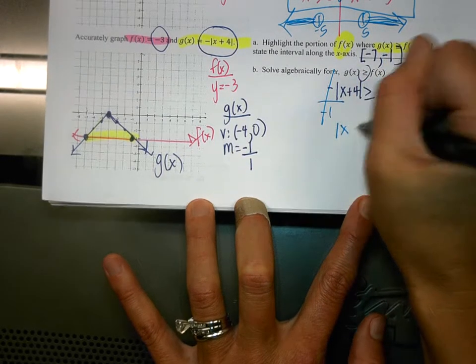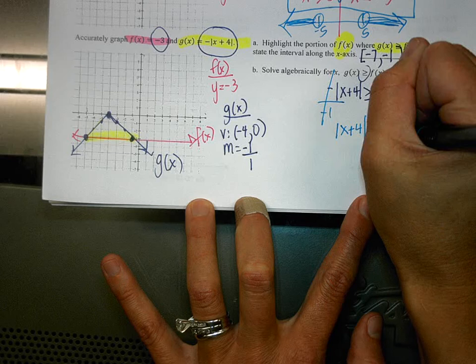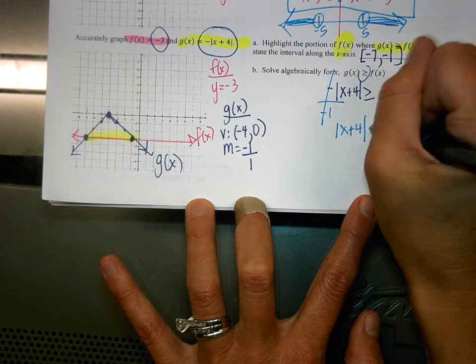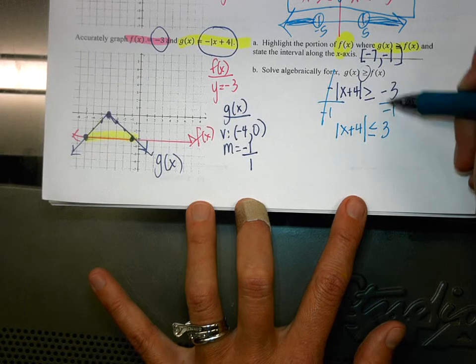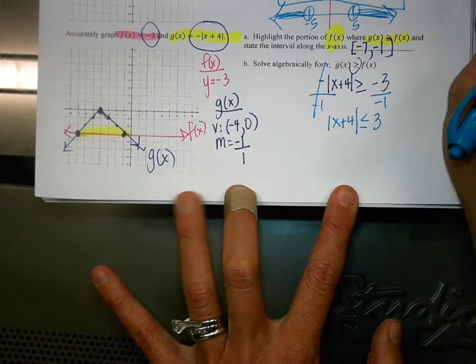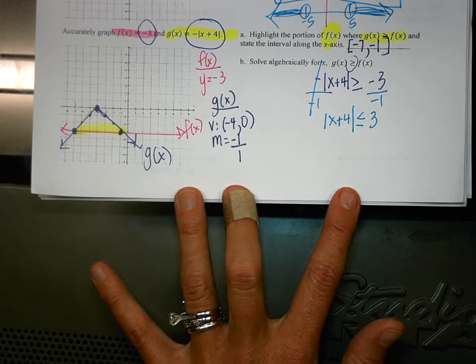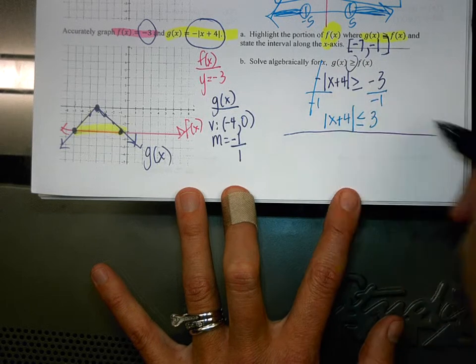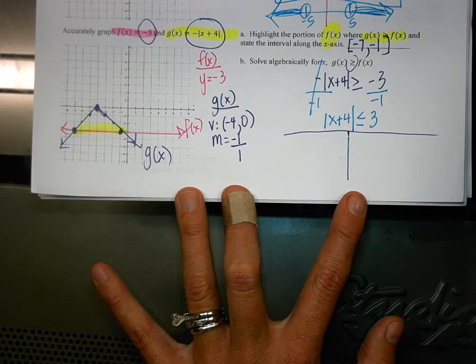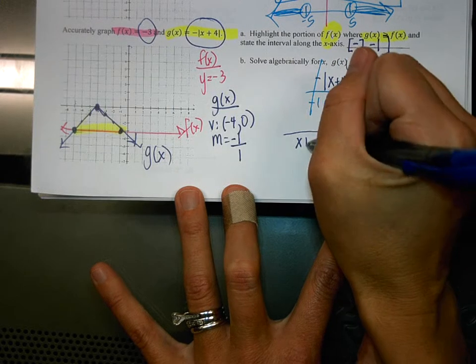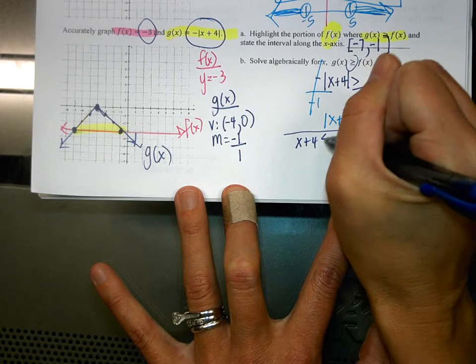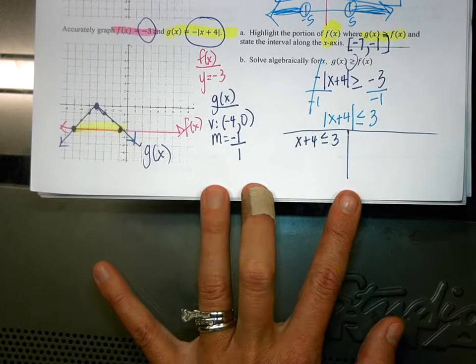You flip the sign. So we have absolute value of x plus 4 is less than or equal to +3. A negative divided by negative makes a positive. We're going to make our two equations. The first equation is the same as that, without the absolute values. X plus 4 is less than or equal to 3. What is the other equation?